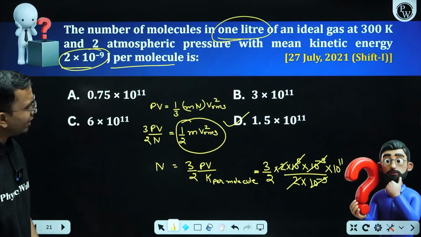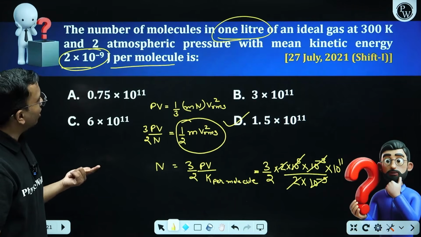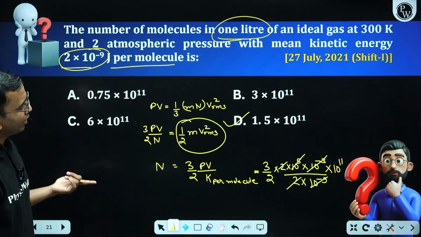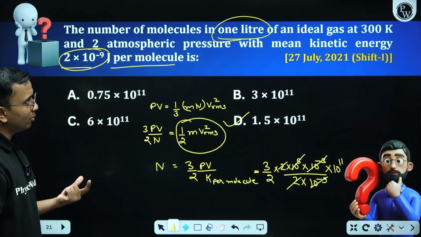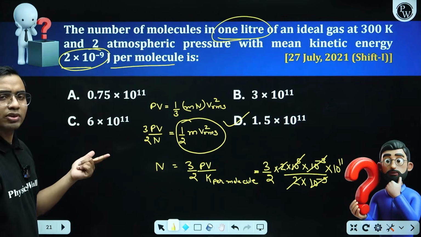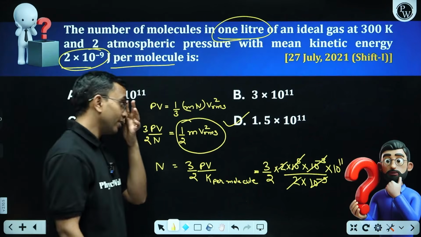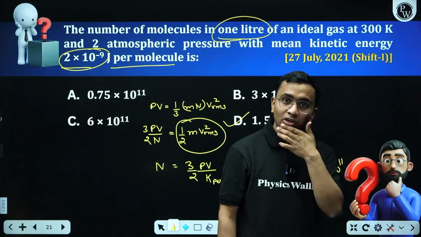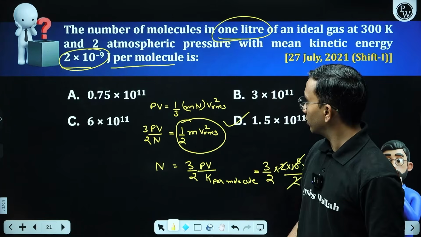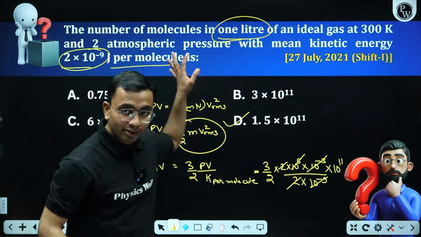I think there is extra data here. The number of molecules we need to find is in 1 liter of an ideal gas. Volume is given to us, the temperature is given to us, the pressure is given to us. We can use PV is equal to nRT also here, isn't it? And from there we can find the number of moles, and from the number of moles we can find the number of molecules. So this kinetic energy is not needed. I don't know if this data is correct or not.